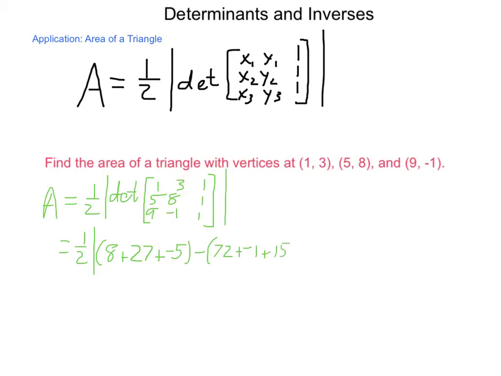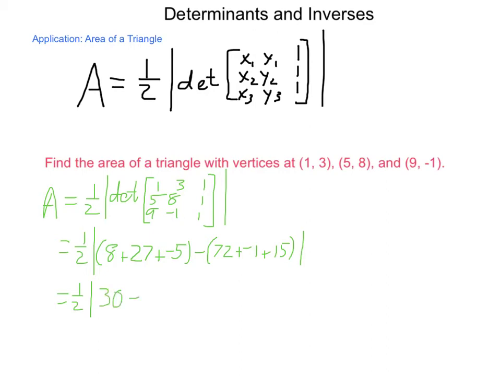Now with this, you'll notice that I didn't write the augmented columns, but what it simply is, you're going to run out of items to multiply, and it just rolls over to the next portion. So this is going to be 1/2 of the absolute value. 8 plus 27 is 35, minus 5 is 30.